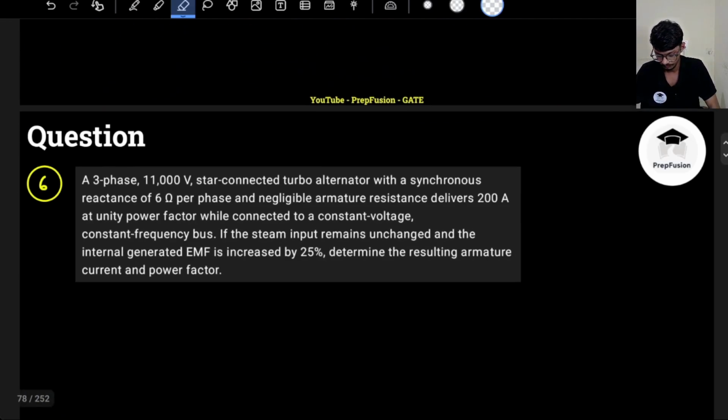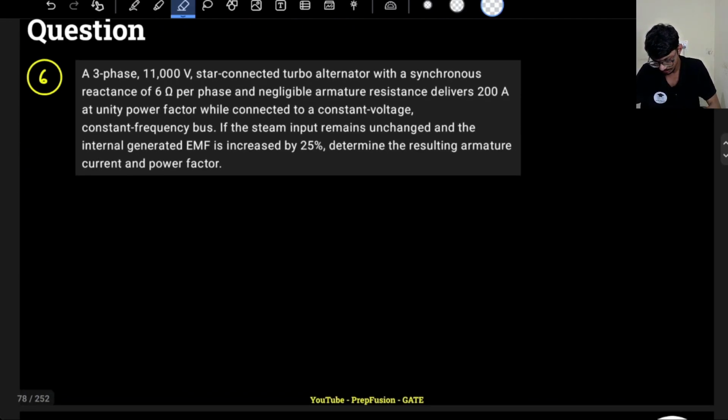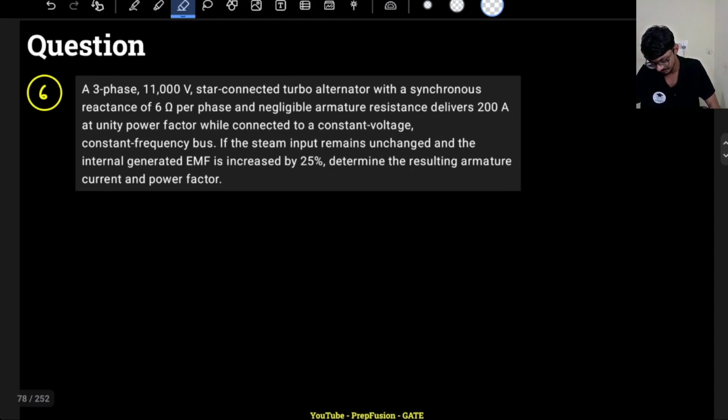So let's now solve this question. A three phase 11 kilovolt star connected alternator is connected to a turbo alternator. Every single thing that I teach you is important. We have already discussed what turbo alternator means: it is a steam power plant, not hydroelectric.